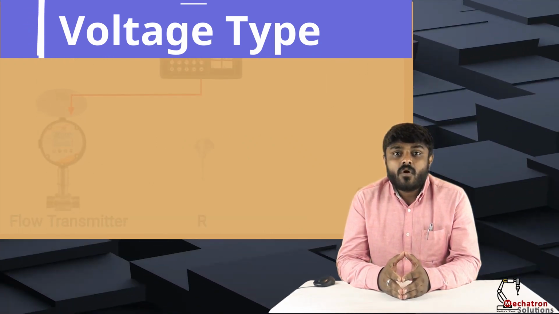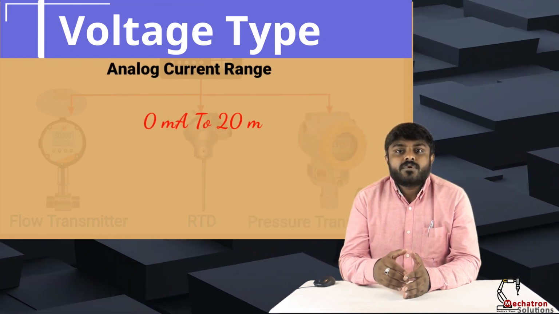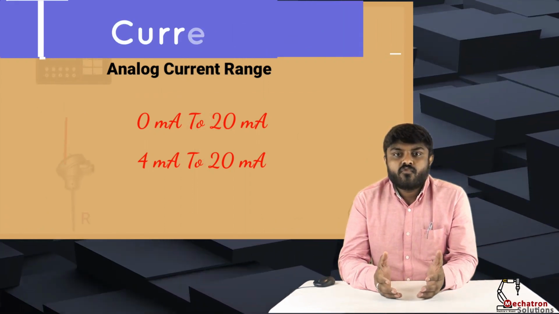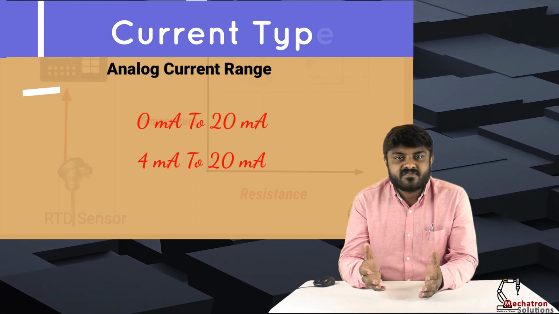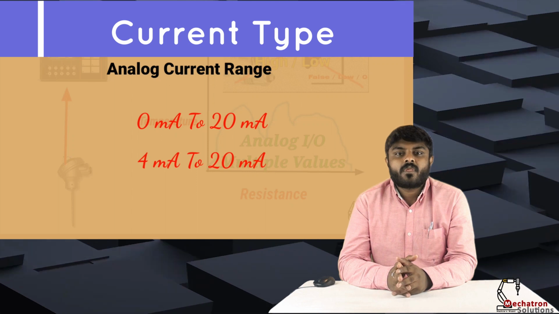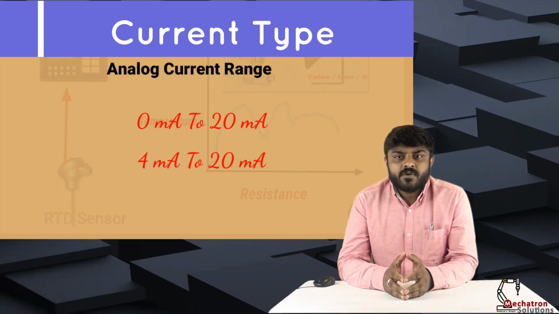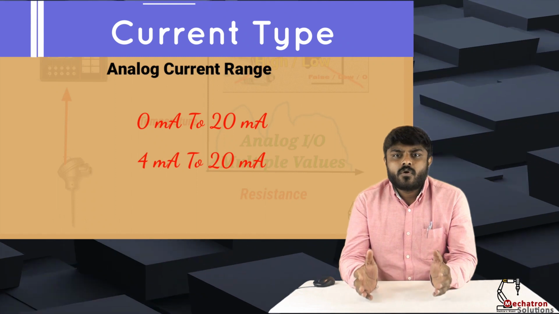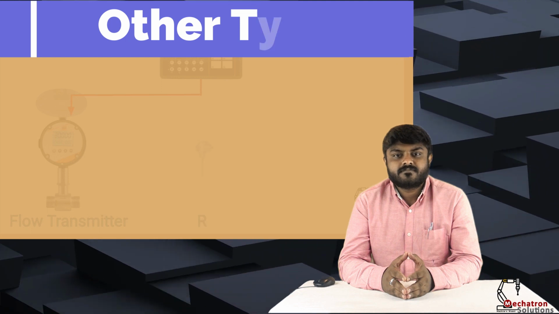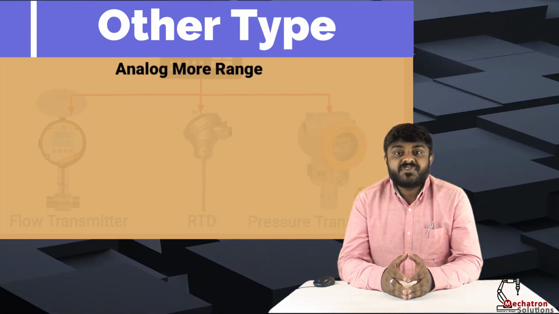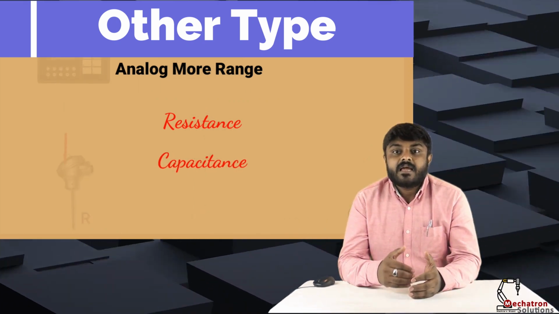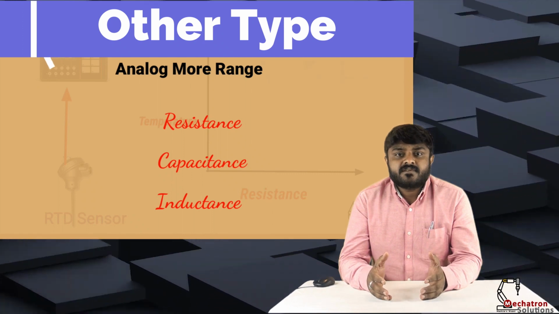We can also use analog current ranges like 0 to 20 milliampere, 4 to 20 milliampere, etc. These analog input and output devices are not limited to voltage and current types, but some special analog I/O devices use or give resistance, capacitance and inductance also.